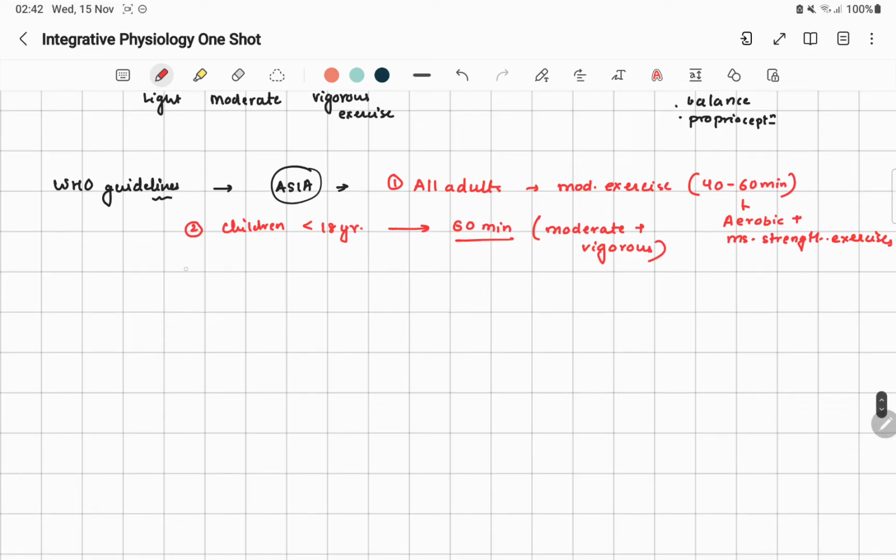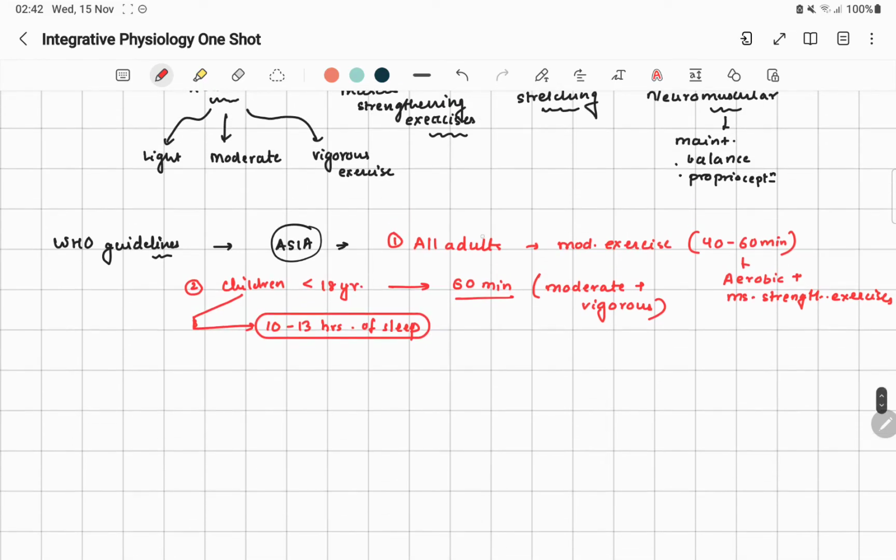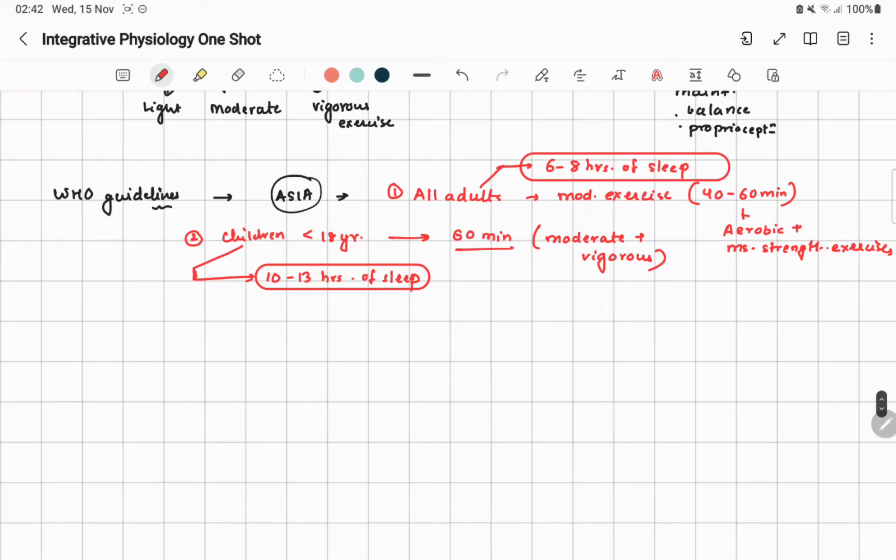Children should have 10 to 13 hours of adequate sleep, and adults must have 6 to 8 hours of sleep per day. These are the WHO guidelines.